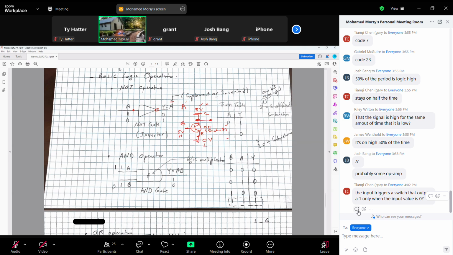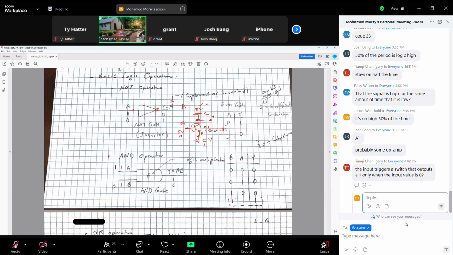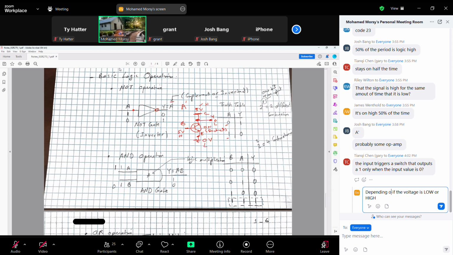So what is the voltage here at Y? Y is connected directly to the ground, which is 0 or low. So you see high goes to low, or 1 goes to 0.